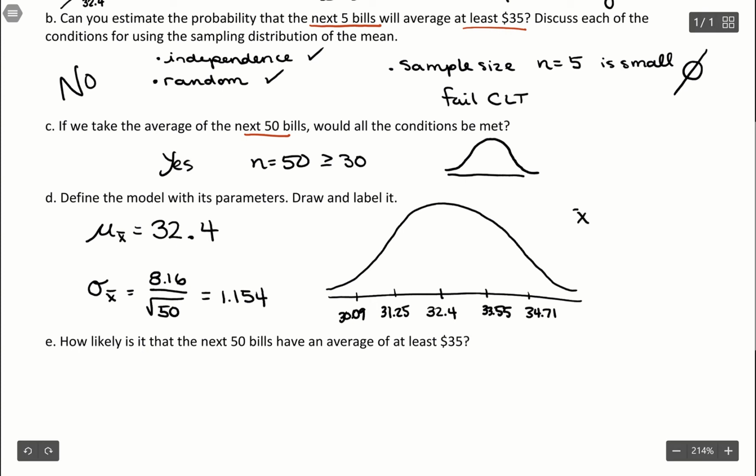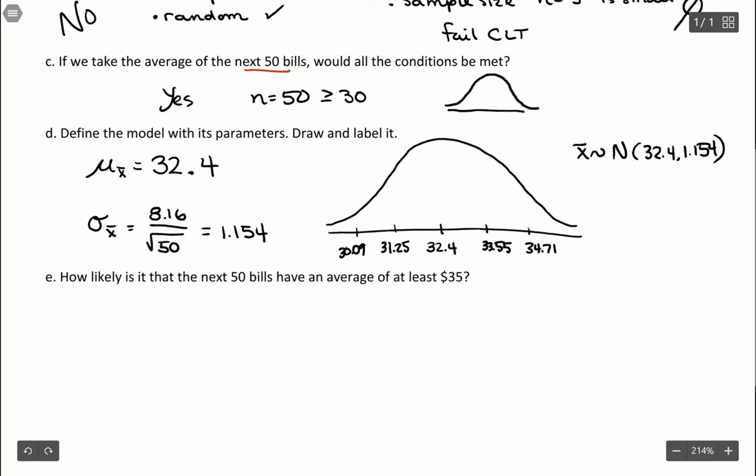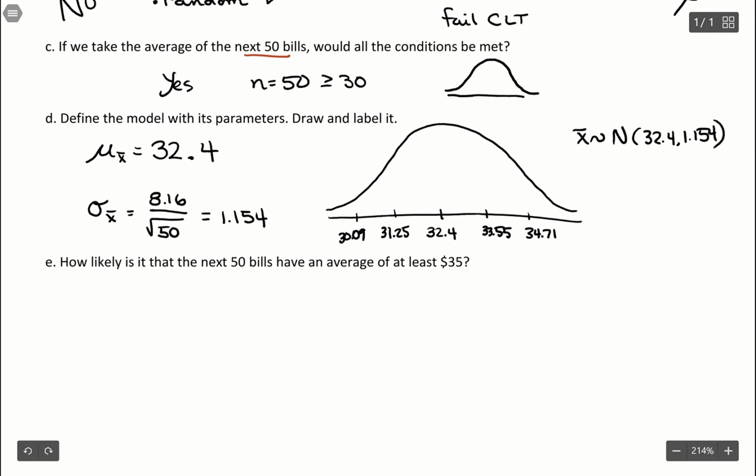So this is showing our means, bell-shaped because we passed the central limit theorem, centered at 32.4, spread of 1.154. So now we can look at this probability of at least $35, but in terms of looking at a sample size. So here we go with a certain sample size.